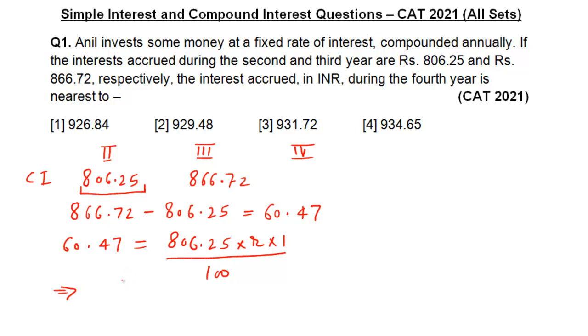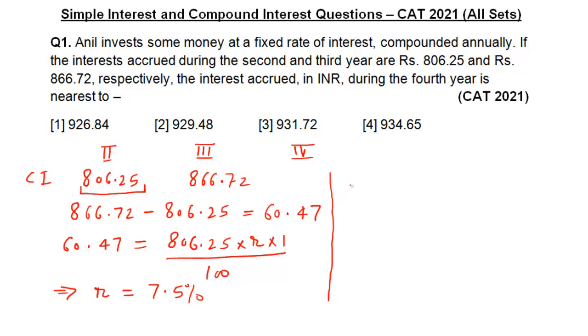Because the difference between simple interest and compound interest is that the interest accumulated in a particular year is also added to the principal, and from there you can calculate just as simple interest, and the same I have been doing here as well, right? So with the help of this, the rate of interest is calculated as 7.5%.